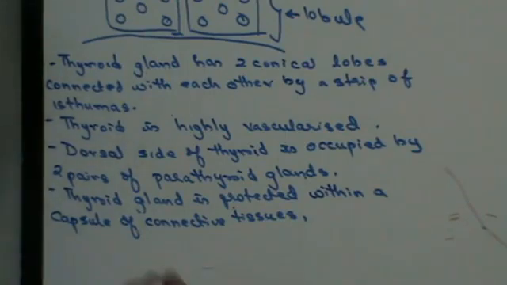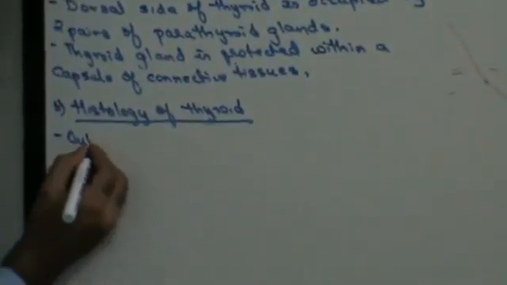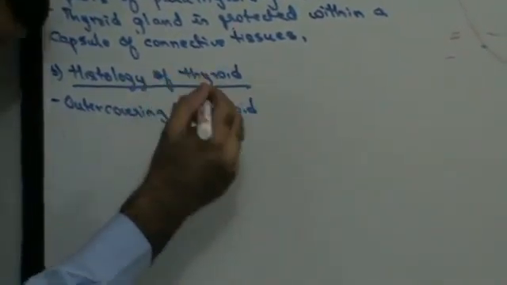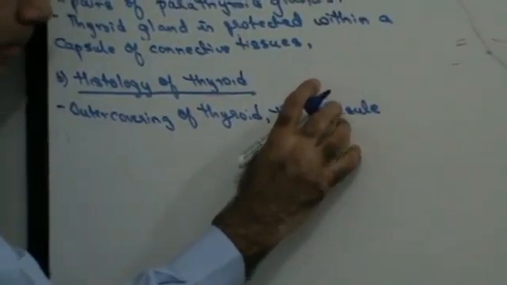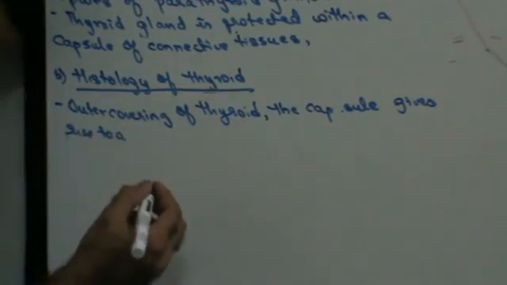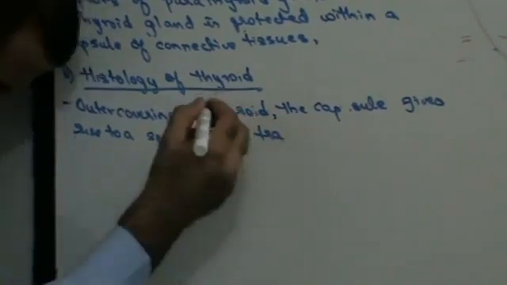Now let's see the histology of thyroid. The outer covering of thyroid, the capsule, gives rise to a septa called trabeculae.